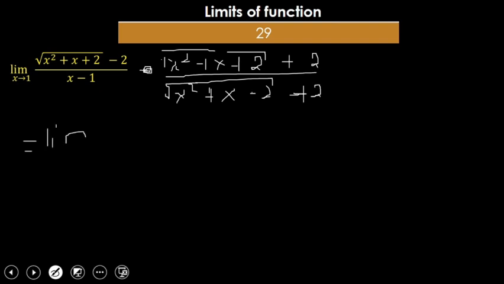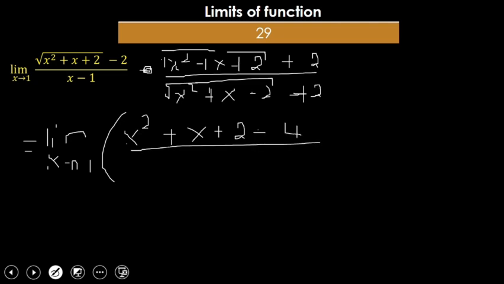The limit as x tends to 1 of x squared plus x plus 2 minus 4 over x minus 1 times the square root of x squared plus x plus 2 plus 2.